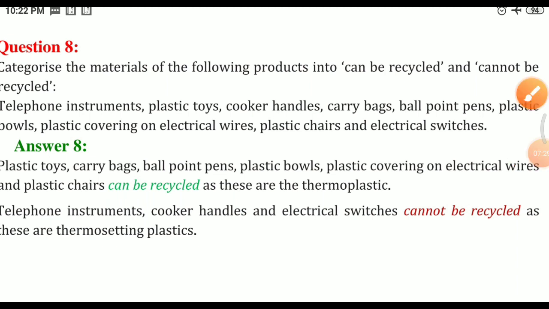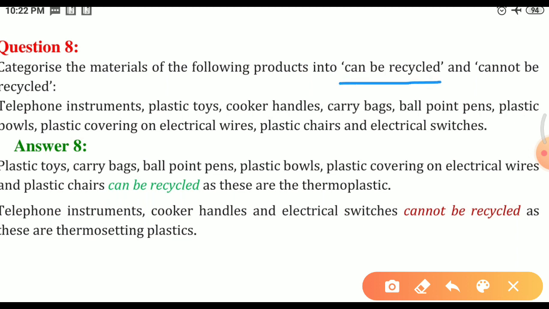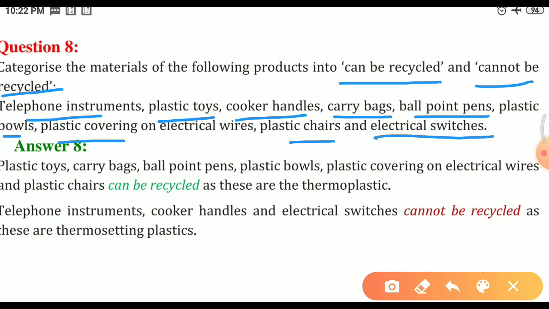Question number 8 is categorize the materials of the following products into can be recycled and cannot be recycled. Here materials given are telephone instruments, plastic toys, cooker handles, carry bags, ballpoint pens, plastic balls, plastic coverings on electrical wires, plastic chair and electrical switches.